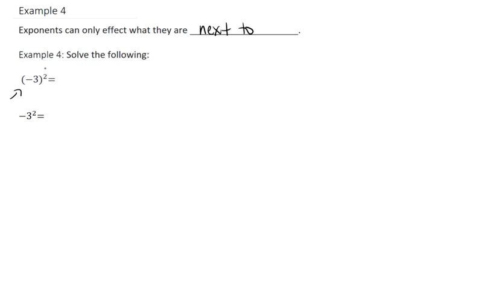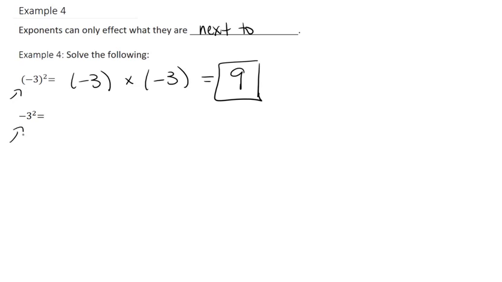So when you have this parentheses with -3 raised to the second power, that means we're going to multiply -3 times -3. Now, when we have 2 negative numbers, that makes it positive. So our solution will be 3 times 3, which is just 9.